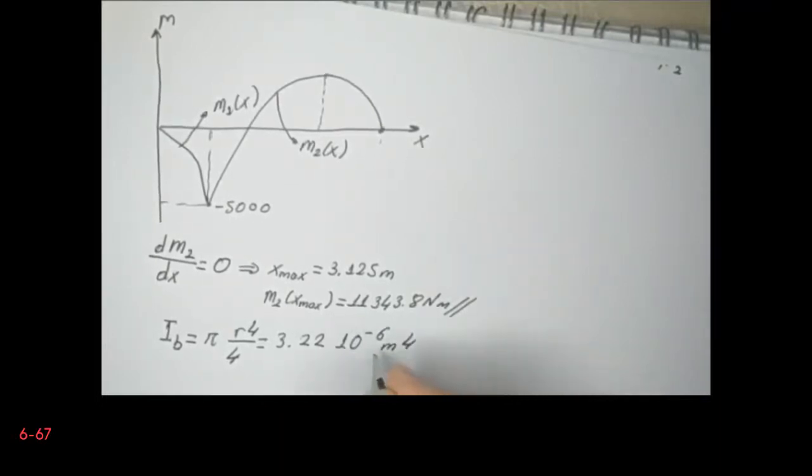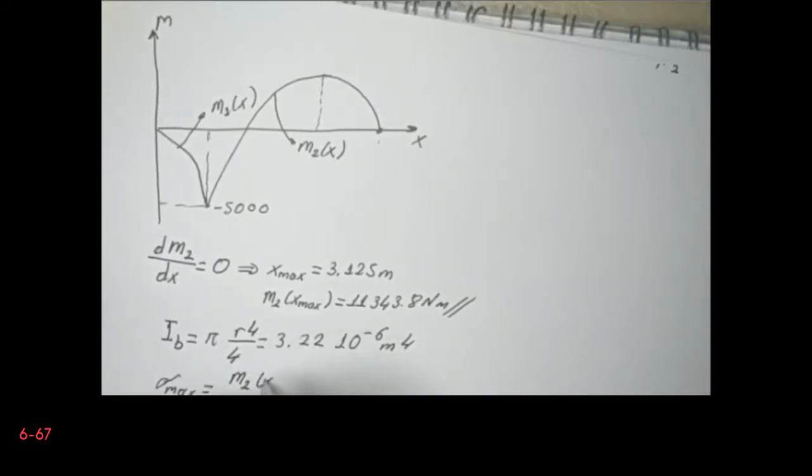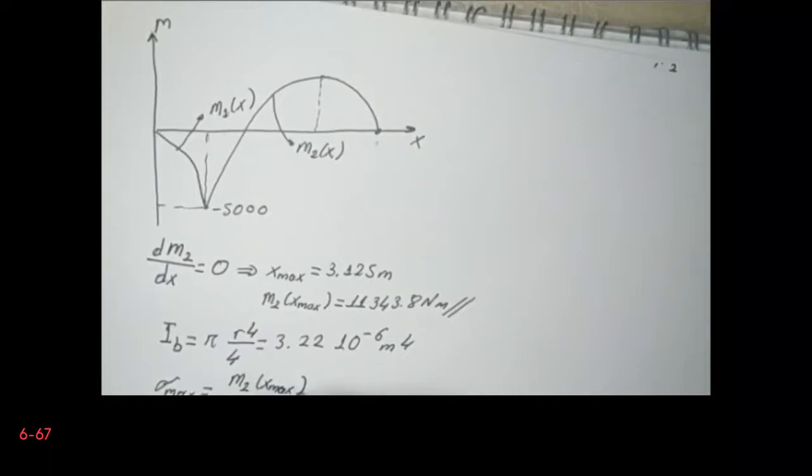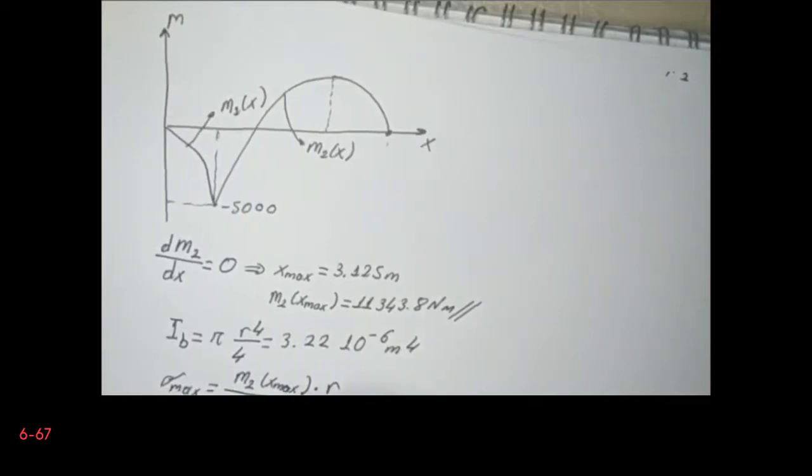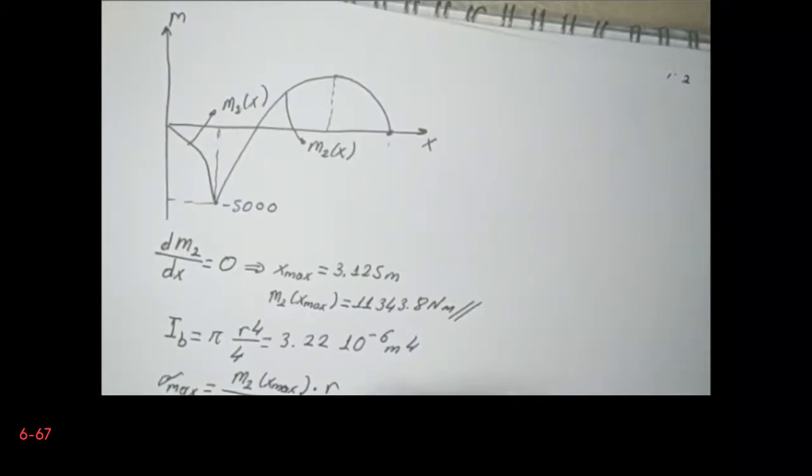Now we can calculate the maximum bending stress. Since maximum stress is M2 x max multiplied by the radius divided by the moment of inertia, let's put the values. This is 11,343.8.